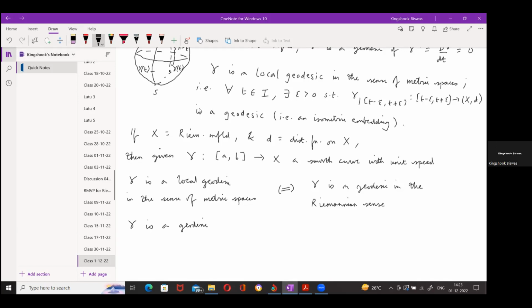Gamma is a geodesic in the sense of metric spaces if and only if gamma is a length minimizing Riemannian geodesic.